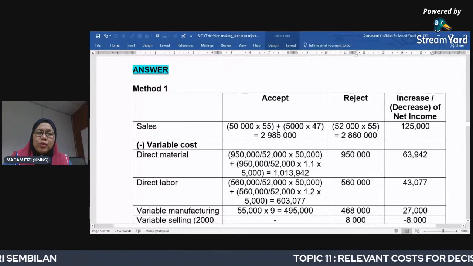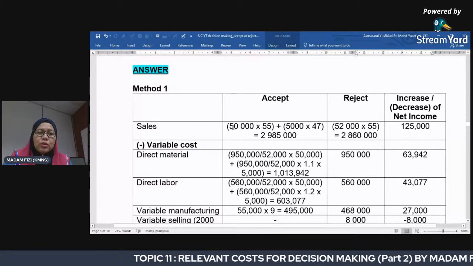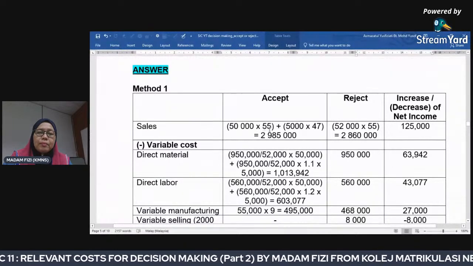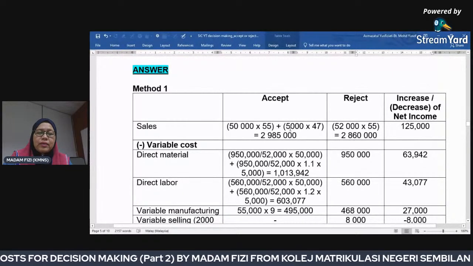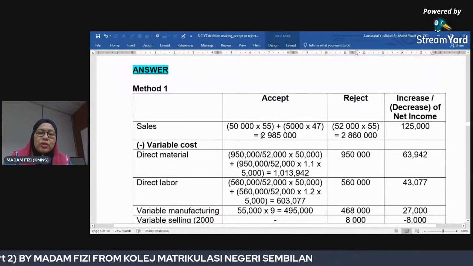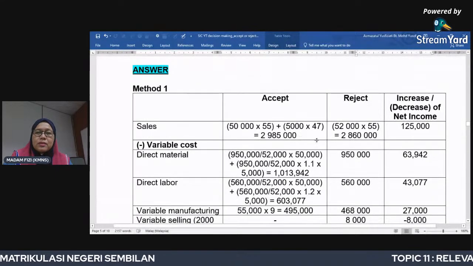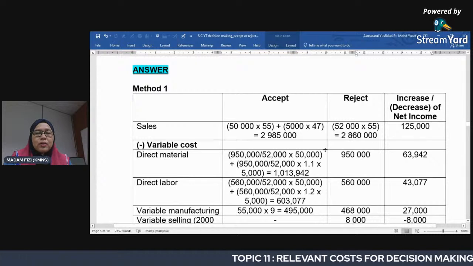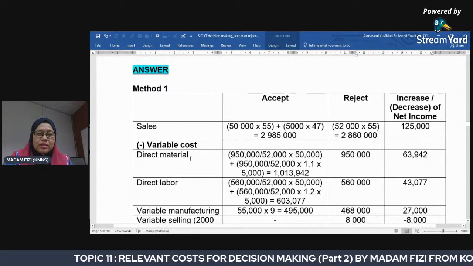Dia tak jadi 52,000 lagi. Dia jadi 50,000. So 50,000 yang asal darab dengan 55 ringgit plus the special order 5,000 times 47 ringgit, equals to 2,985,000. So the difference is 125,000.